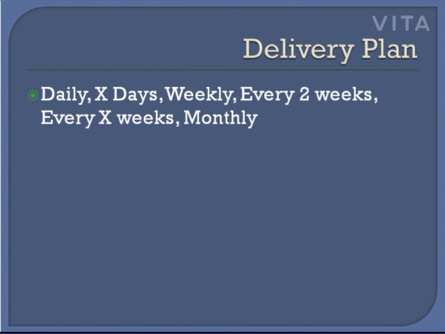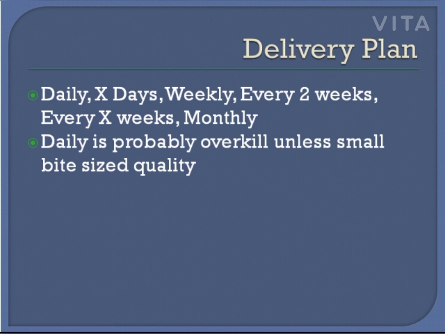And once you understand your delivery plan, then when you set up your autoresponder, all you have to do is create a new follow-up for every one of those days, those X days, those weeks, and so forth. And then daily is probably overkill unless it's small bite-sized quality content, like I said earlier.